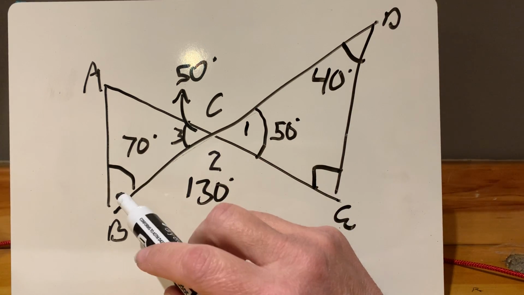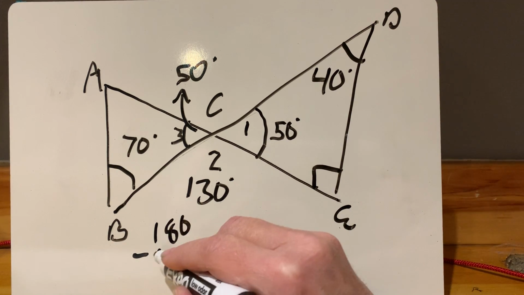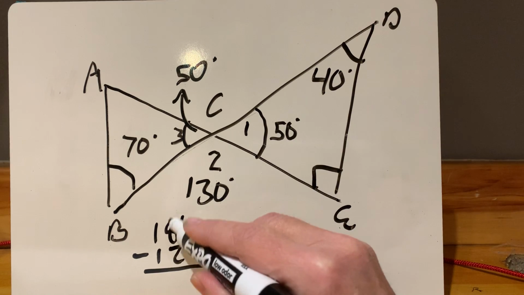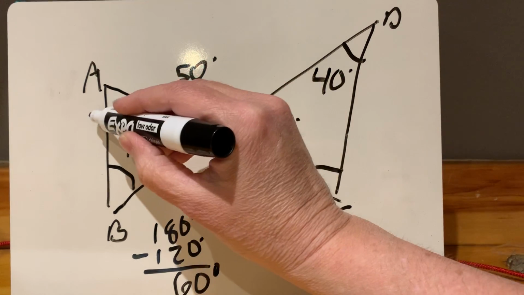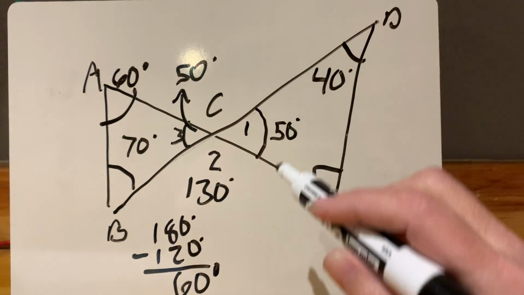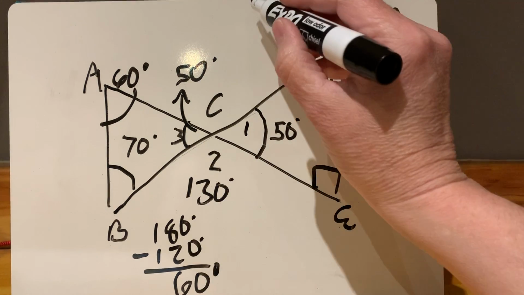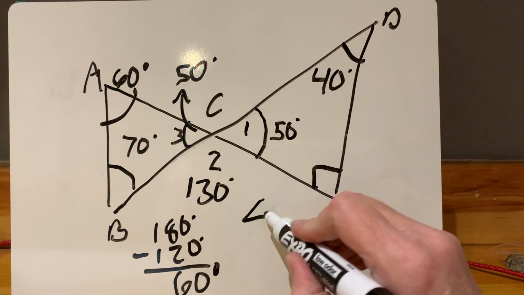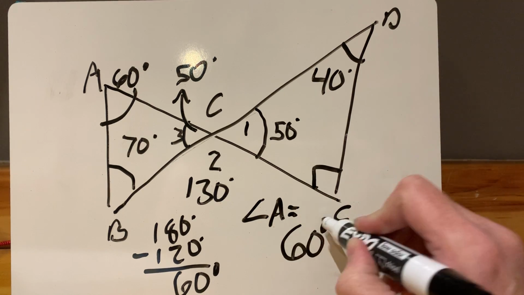We know that then we would take the 180, subtract 120, which gives us 60 degrees. So angle A is 60 degrees. And the original question asked us to find the measure of angle A. So we know that angle A equals 60 degrees.